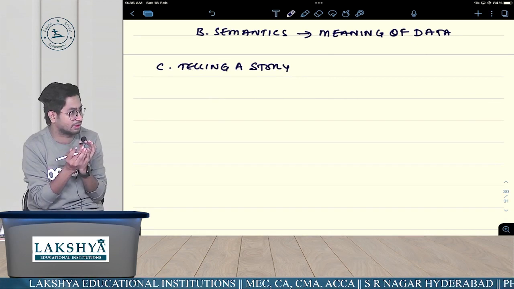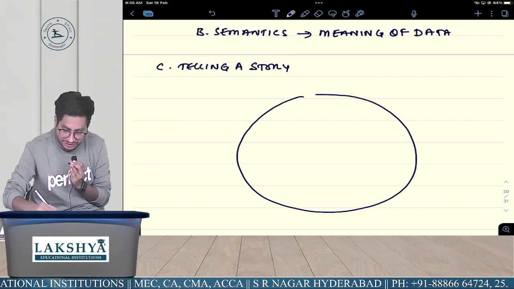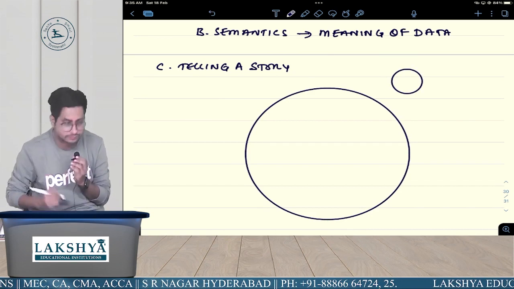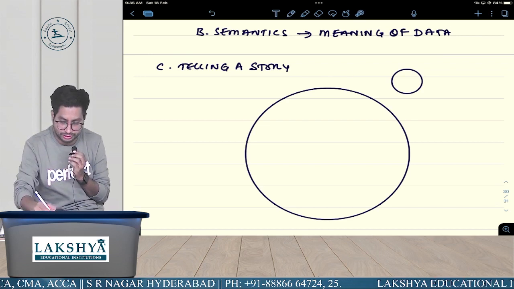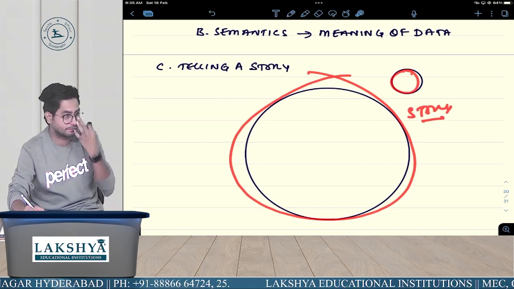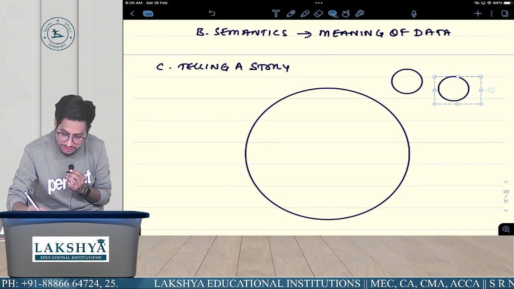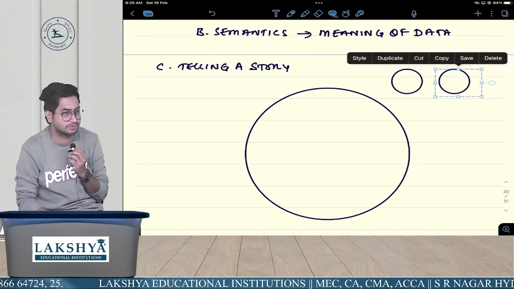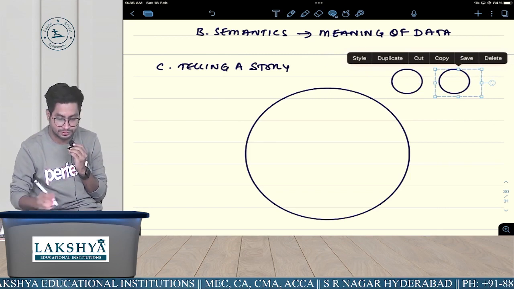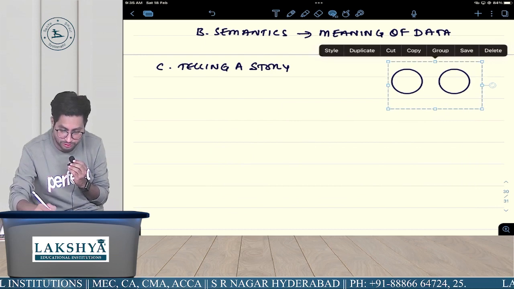That is called a story. But if the data is already small, can I reduce the less data again into lesser data? No. So that is why telling a story is important when you are having large quantities of data.